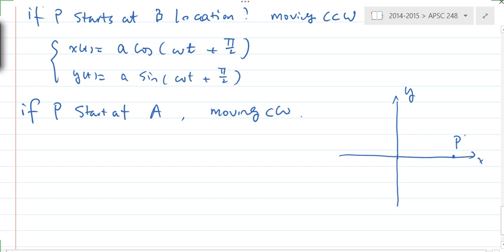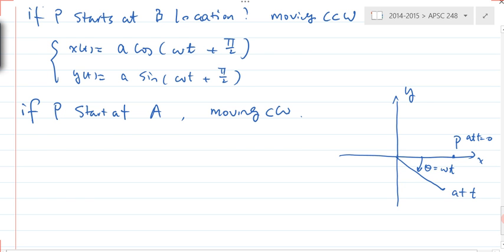So this is an initial point P. Let's just say after a certain time t, it moved to here. So what's the suitable candidate?